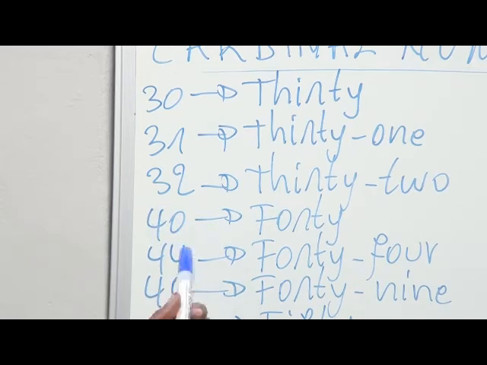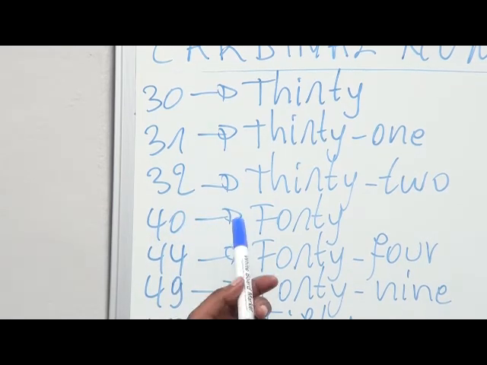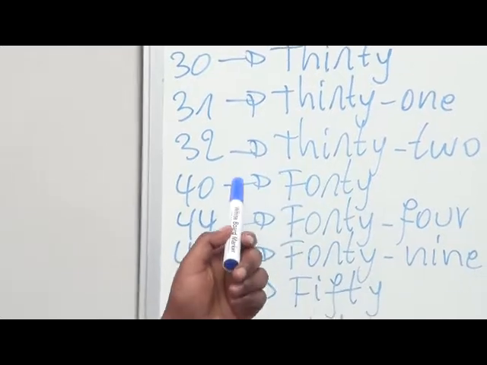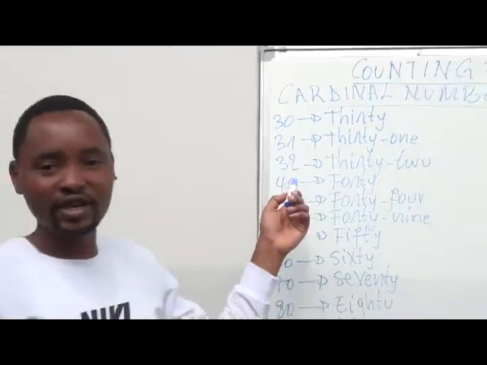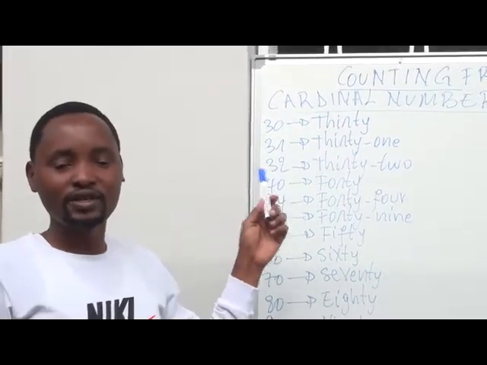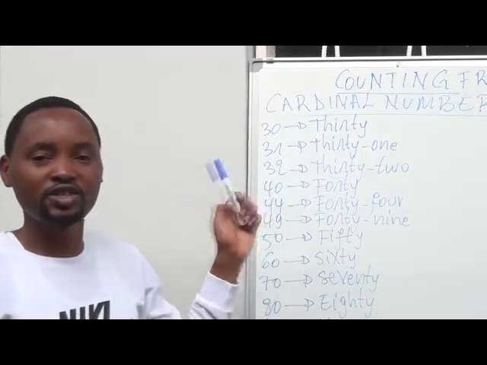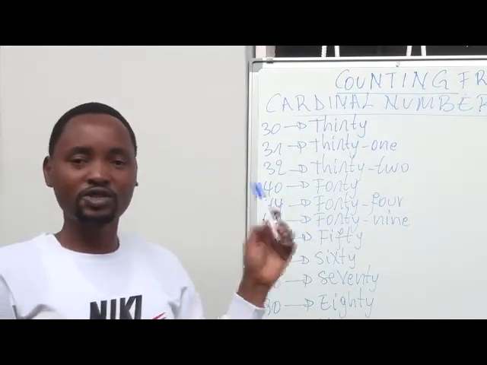Here we have 40. If we have 40 and 1, it will be 41. If we have 40 and 2, it will be 42.